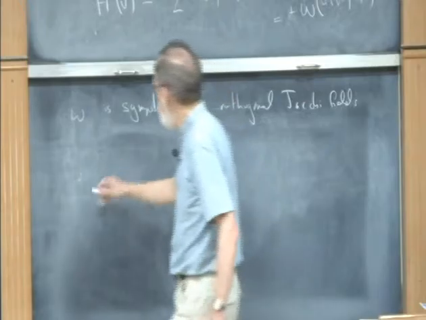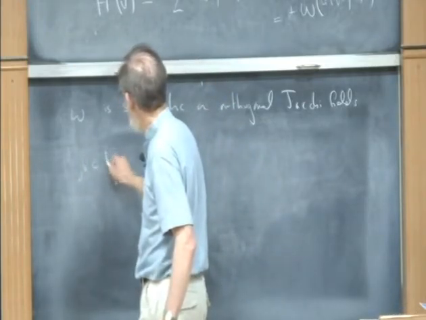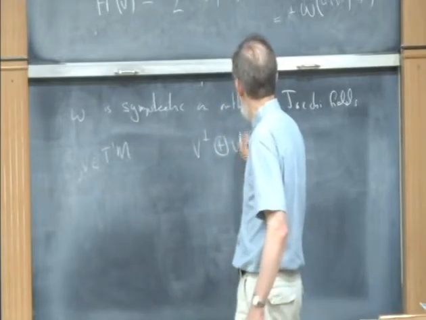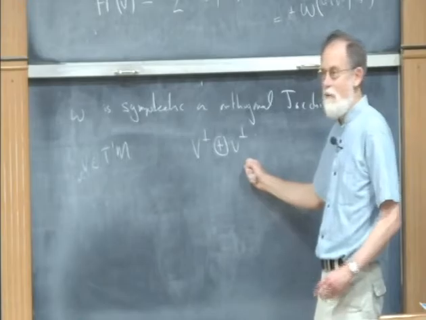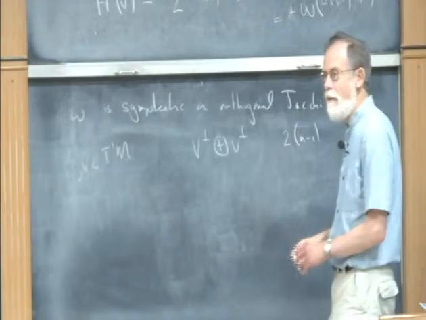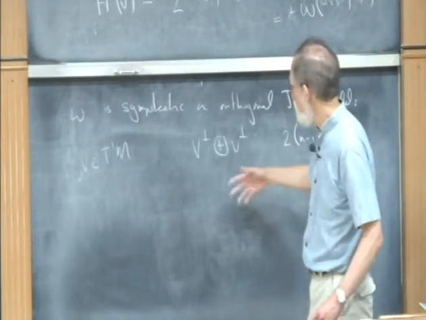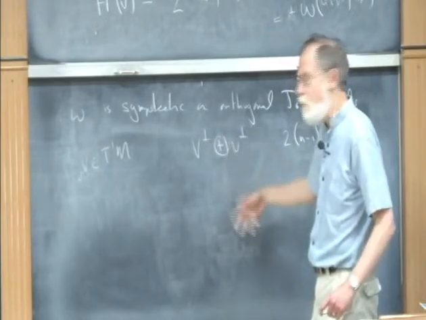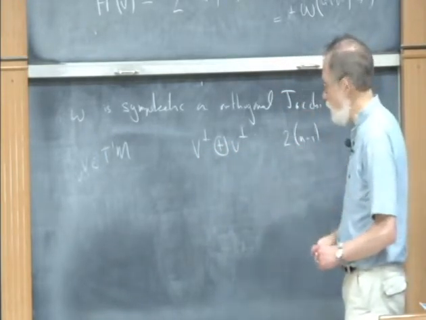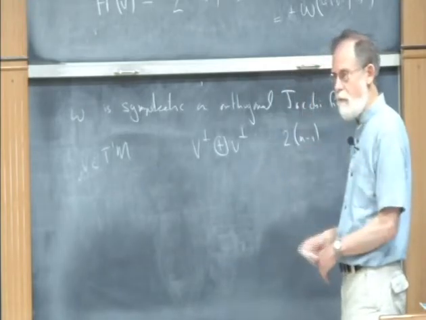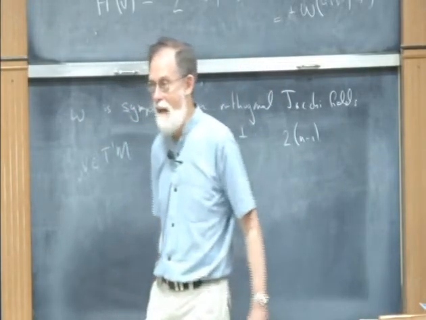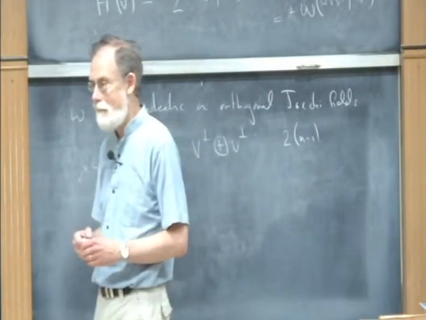So if I've got my vector v in T1M, the orthogonal Jacobi fields correspond to this direct sum. This has dimension 2(n-1), and omega is a symplectic form on this space. And then you've just got the tangential stuff, which doesn't matter. It's only generated on the kernel of theta.